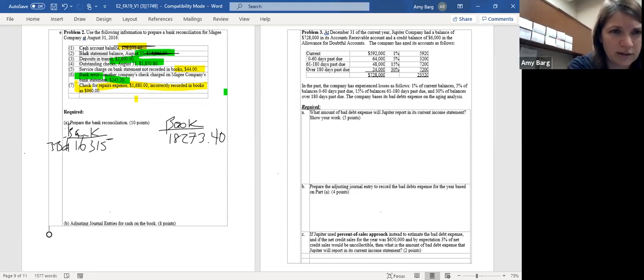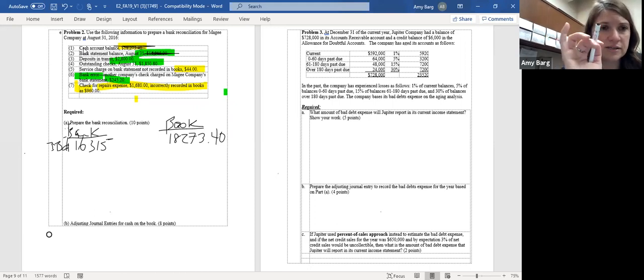So that's a book thing. So deposits in transit and outstanding checks are always things that need to be adjusted on the bank side. There's very few things that need to be adjusted on the bank side. Deposit in transit, outstanding checks, and a bank error are really the only things that go on the bank side, at least for right now.